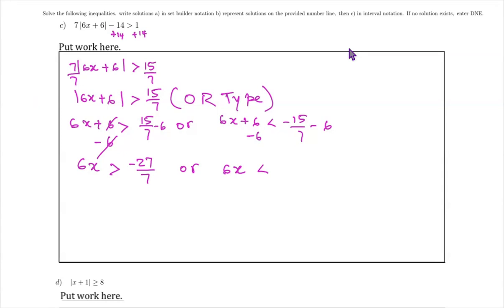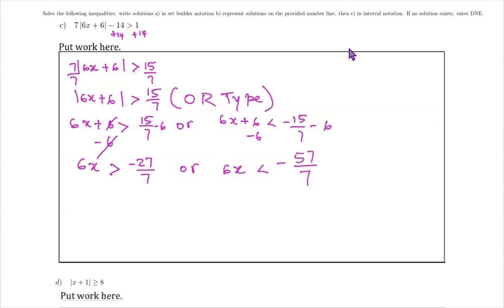So 15 plus 42, that's negative 57 over 7.